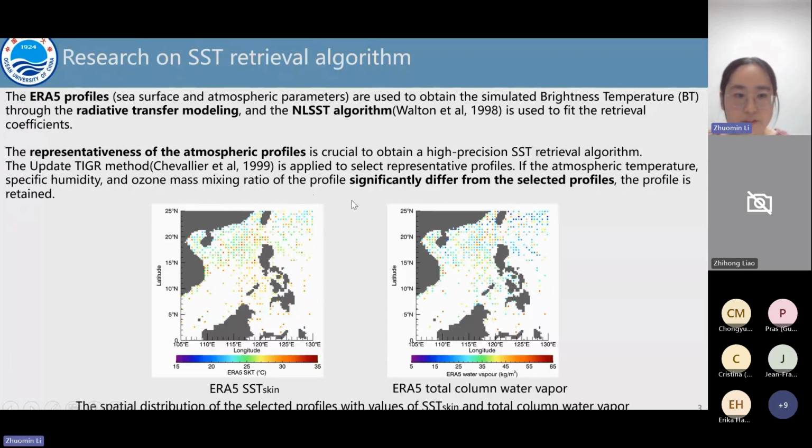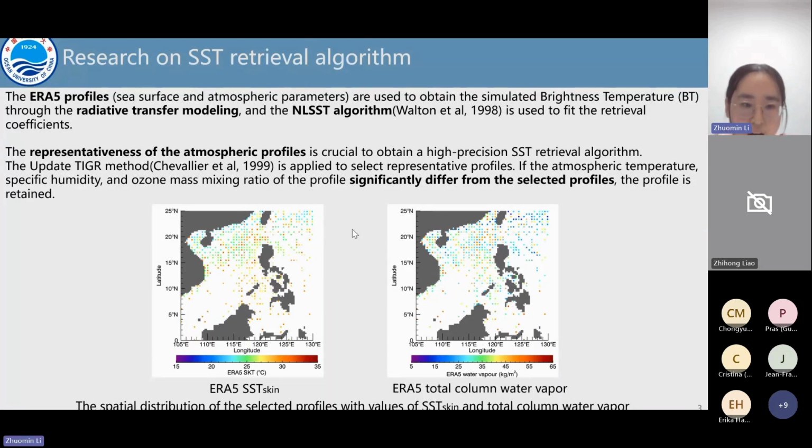And the representativeness of the atmospheric profiles is crucial to obtain a high precision SST retrieval algorithm. The representativeness refers to the large difference in atmospheric profiles, including the atmospheric temperature, specific humidity, and also ozone mass mixing ratio difference of the atmospheric profiles.